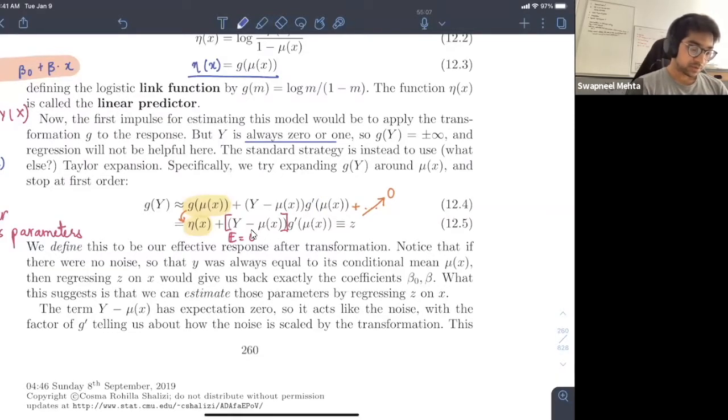Okay, so the first derivative of this link function times y minus mu x. This y minus mu x is basically the bias. Well, I say bias, but in the limit of a lot of data, you expect that your y given x will converge to mu x, right?